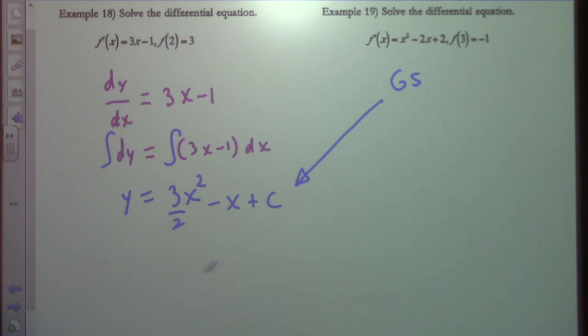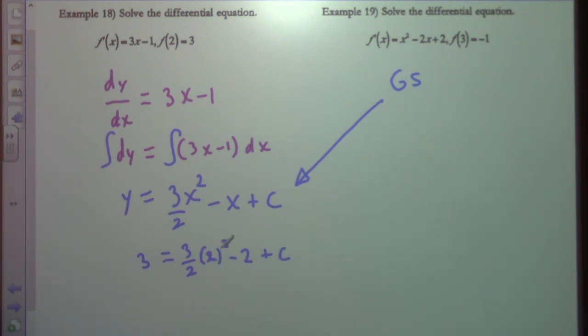Plug in the point. So 3 goes here, right? So 3 equals 3 over 2 times 2 squared minus 2 plus c.